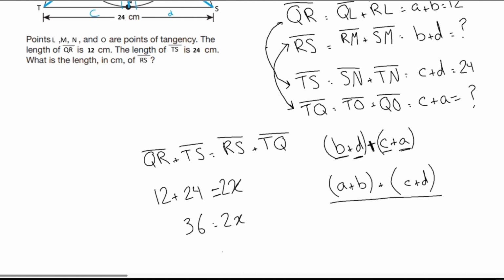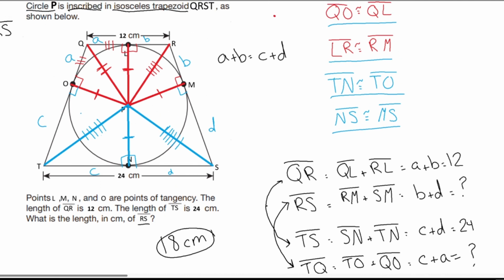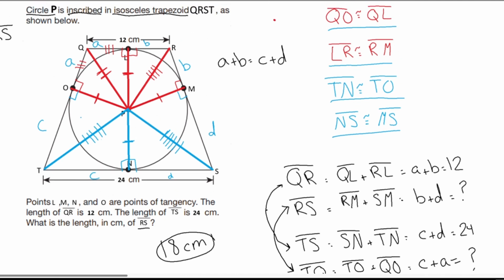When we divide by 2 on both sides, we get X is equal to 18. X being either RS or TQ, and in this case they want RS, so it's going to be 18 centimeters. And this proves the tangential trapezoid property, which shows that when you add the two bases, it's going to be equal to the sum of the two legs.